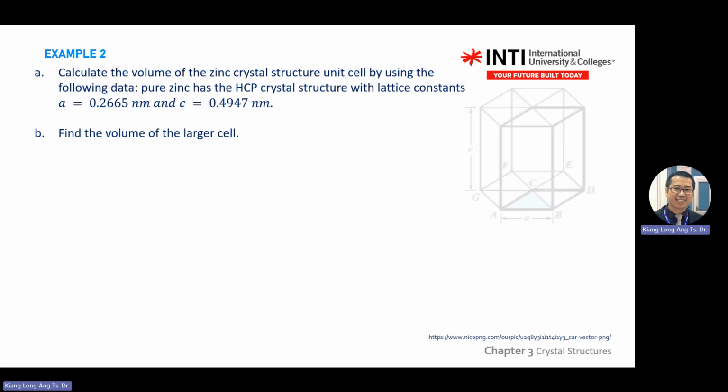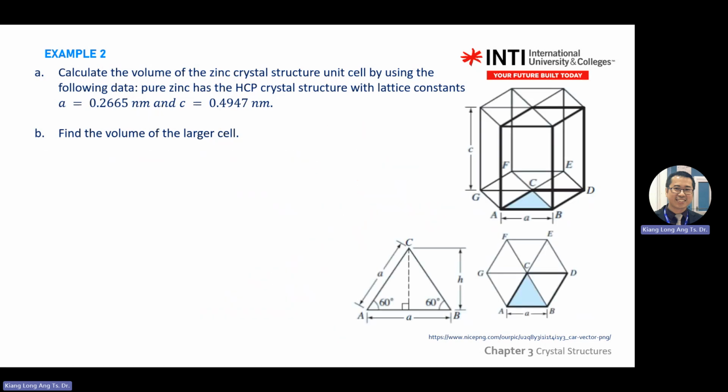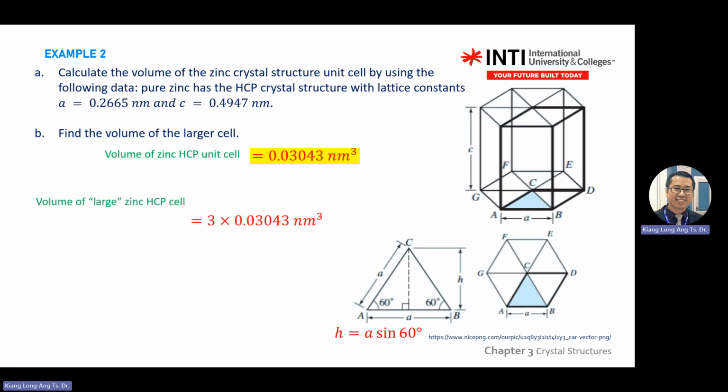So once you have that, the total volume of the large cell means you multiply by 3, because this is a single cell. You multiply this value by 3, and you get the answer.